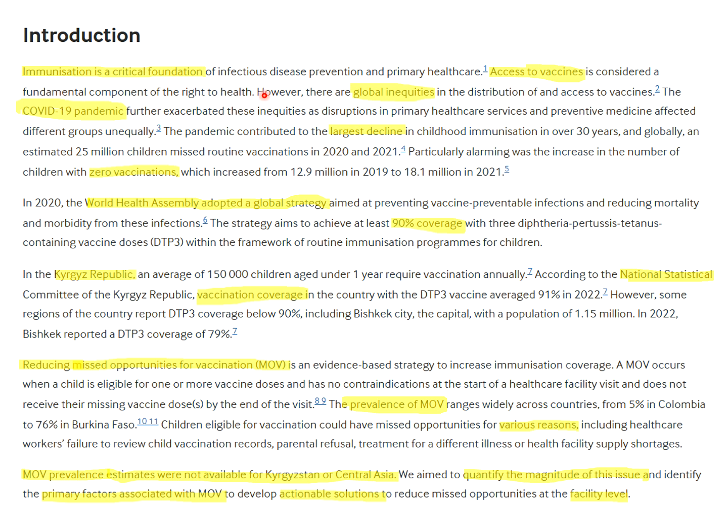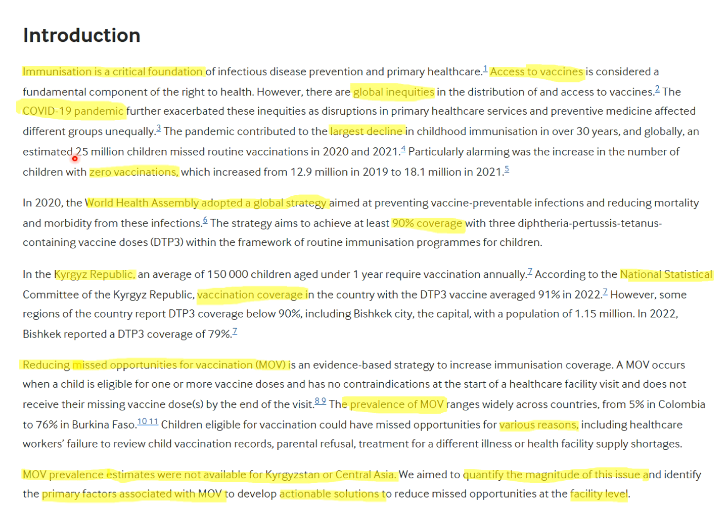So the starting sentences or paragraph is about the introduction: what is immunization, what is its role in infectious disease prevention and primary health care, and why access is important, and what global inequalities in vaccination are there.